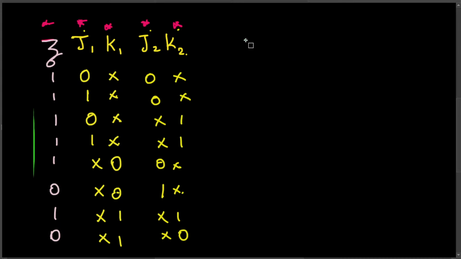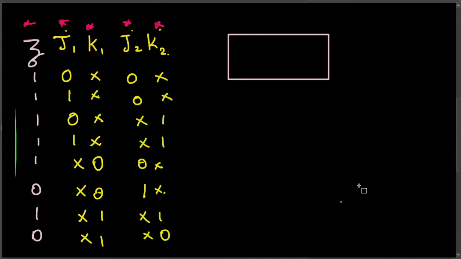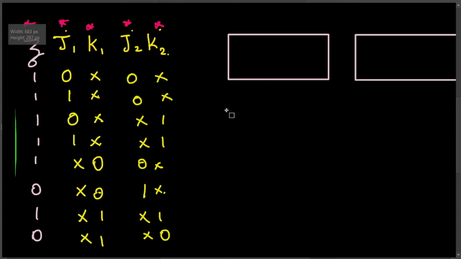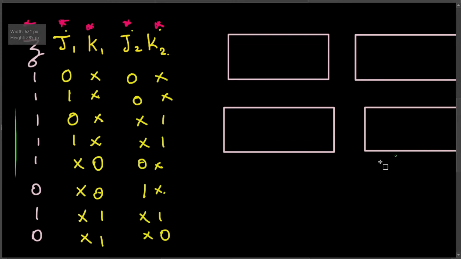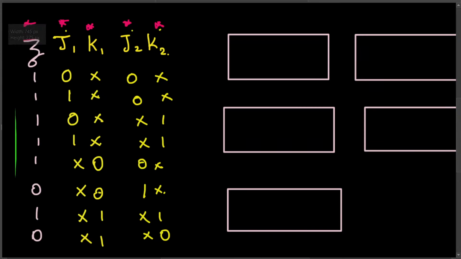Let's create them. First one for the J1, and the second one for the J2, and the third one for the K1, and the fourth one for the K2, and the fifth one for the Z. Okay, let's make 8 locations.